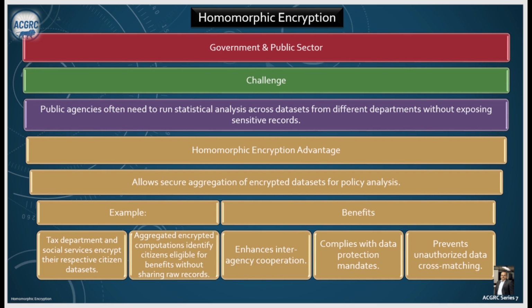Example, tax department and social service encrypt their respective citizen data sets. Aggregated encrypted computation identifies citizens eligible for benefits without sharing the raw records.